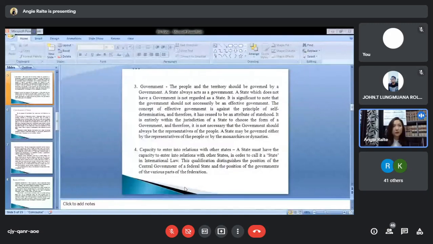If that particular state or group of people cannot come into relations with other countries or other states, they cannot be called a state under international law. Do you understand?